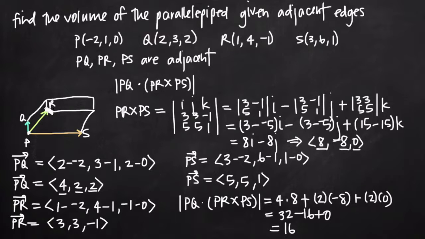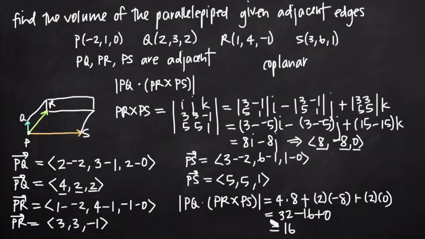What that means is that, for example, this point here, R, that defines the height of this parallelepiped, is actually in the same plane as P, Q, and S, which brings this volume down to 0. If all of these points are in the same plane, then we can say that the 4 points are coplanar.